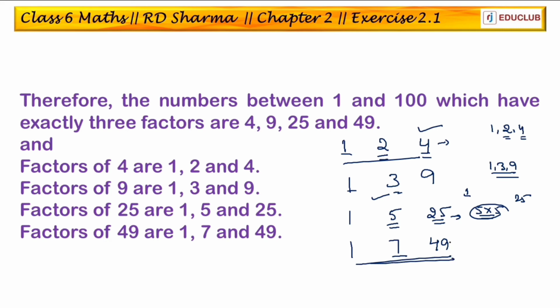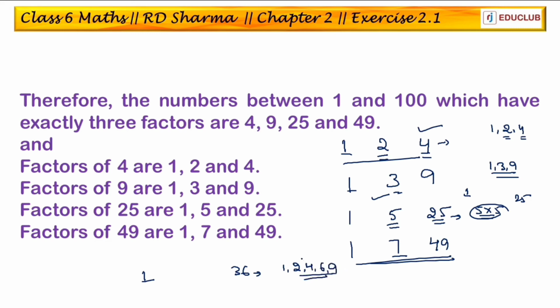Okay, if you take any number other than the squares of these prime numbers, then it will have more than 3 factors. Let us take a number, for example, the square of 6. This will become 36. 1 is a factor, and 6, and the factors of 36 are a lot, no? 1, 2, 4, 6, 9.